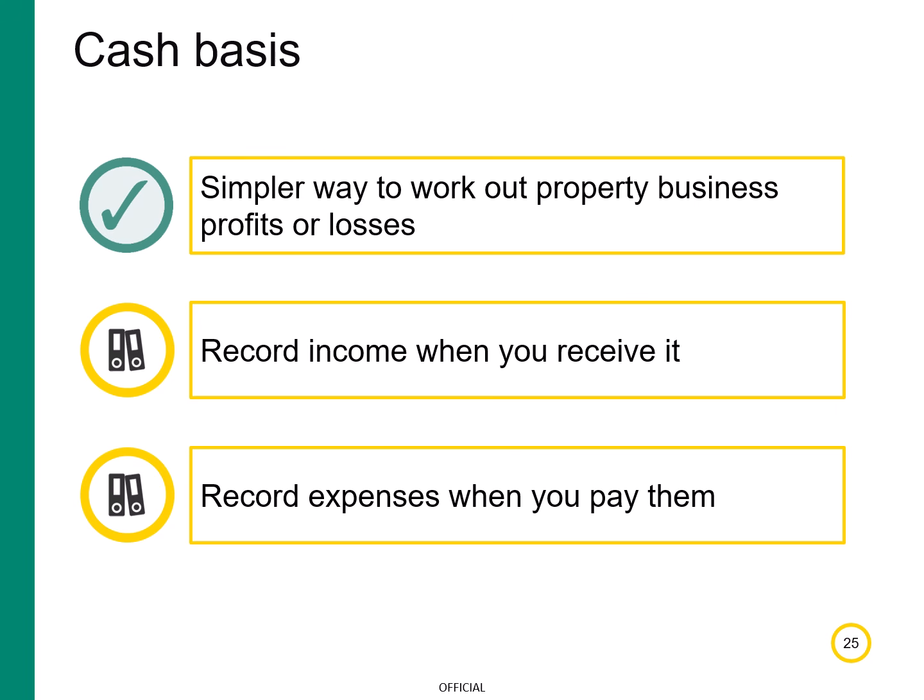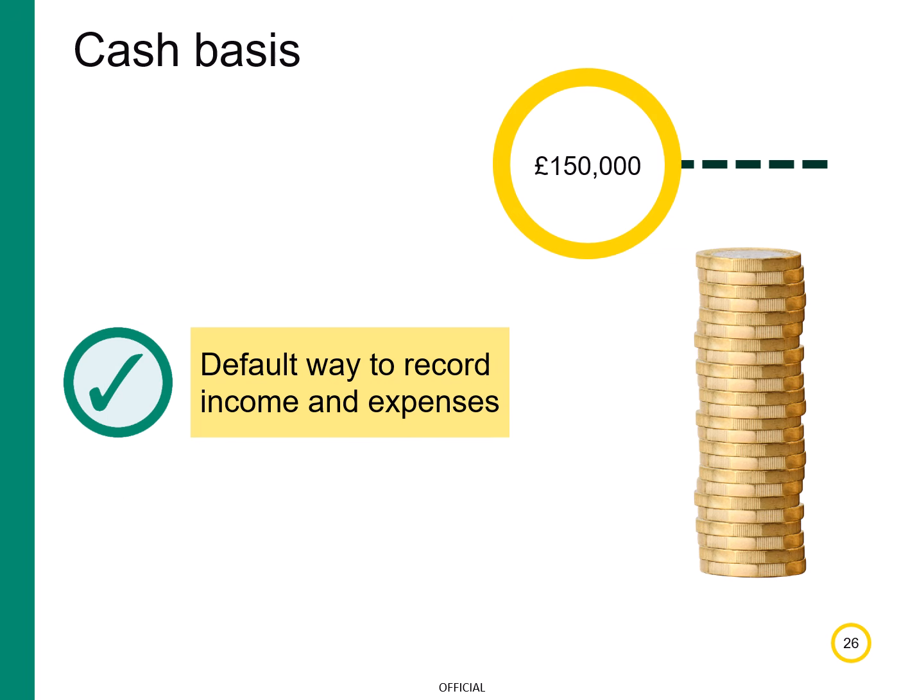You may have heard about changes to the rules for using cash basis. These new rules only apply to sole traders and partnerships and do not apply to cash basis for property income. So, cash basis is the default way of recording property income and expenses for most individual landlords with income of £150,000 or less in 2025 to 2026.